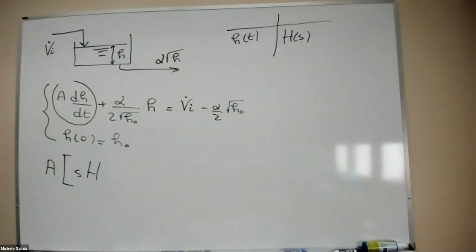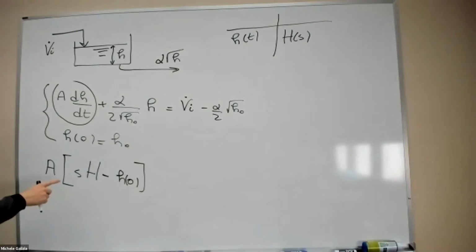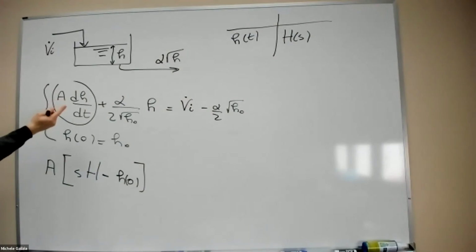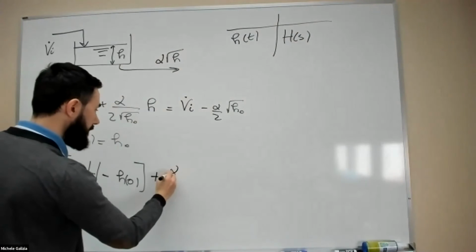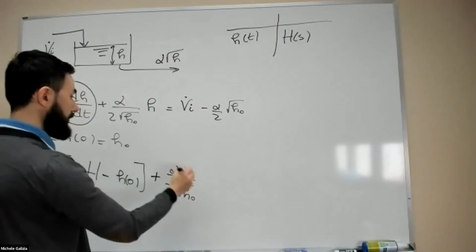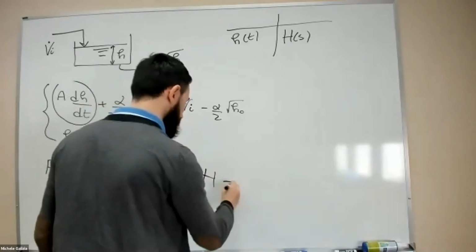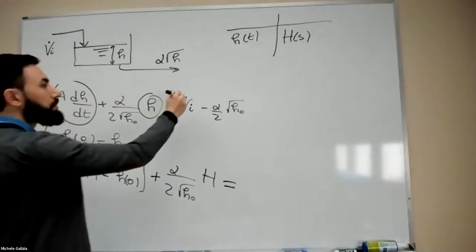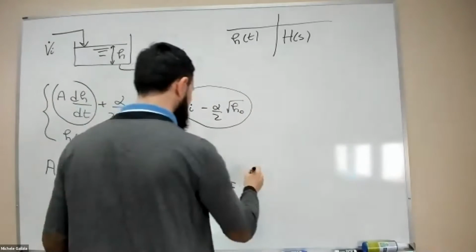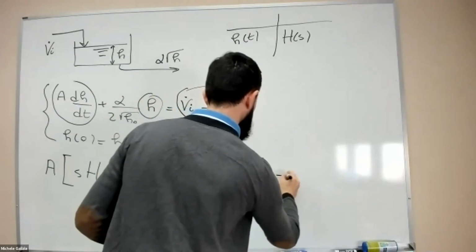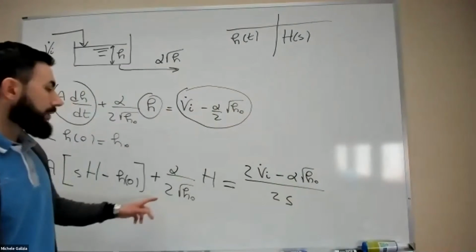Make sense? Yes. So, the definition of the Laplace transform of the derivative. We have to know this. Plus a constant. The Laplace transform of a constant is equal to what? This is a number. And so, basically, it is the constant divided by s.